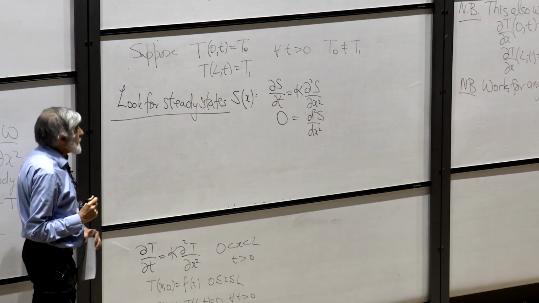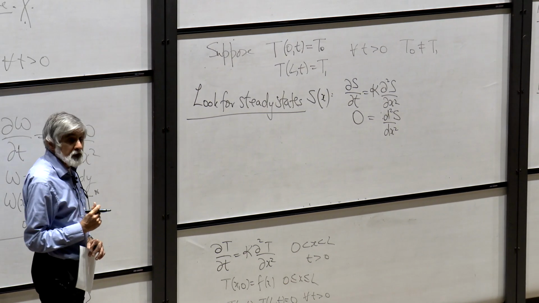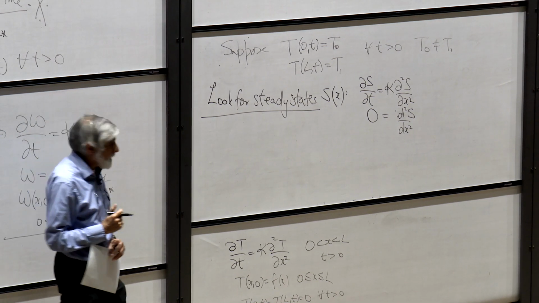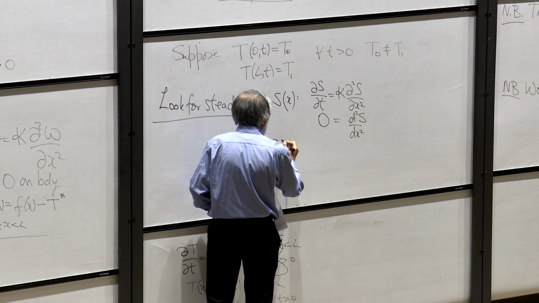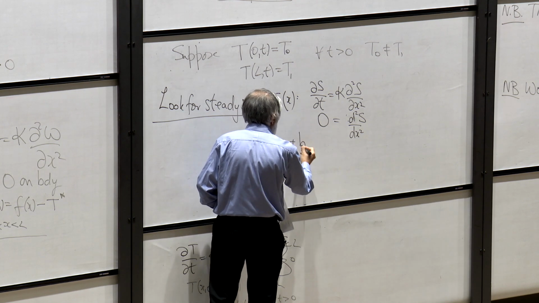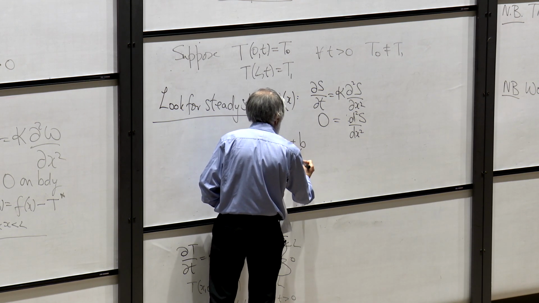Okay? If d2S by dx squared is equal to 0, then we integrate up, we get S equals ax plus b, where these are constants.